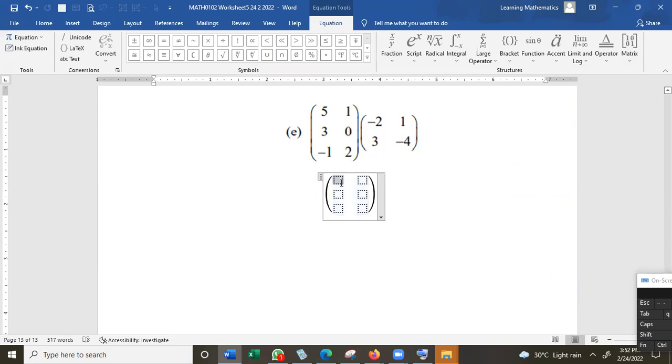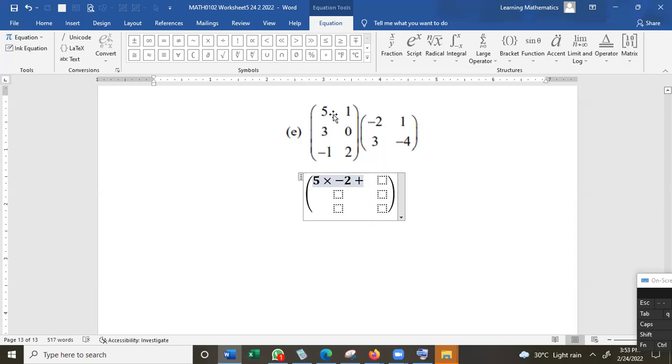Now, multiplication. Just to get this number, what do I have to multiply and add? Can somebody please tell me? What times what plus what times what? Let me help. I'll start with the 5. It must be 5 times -2 plus 1 times 1.